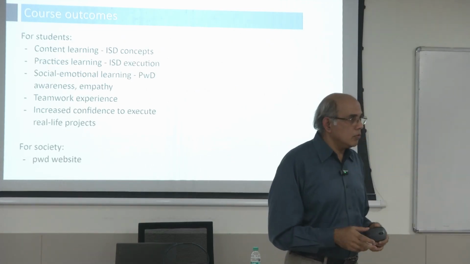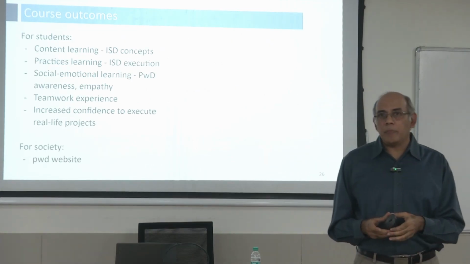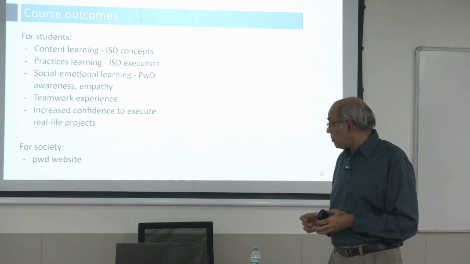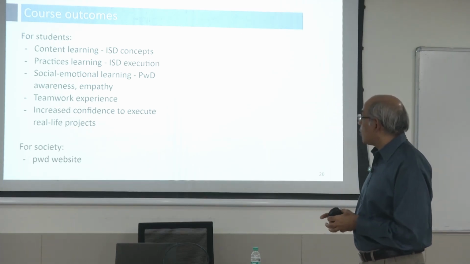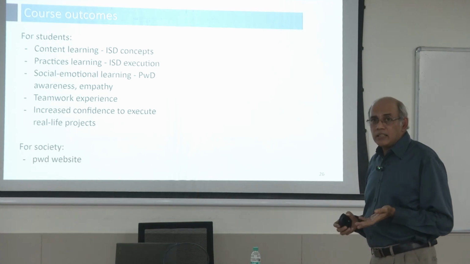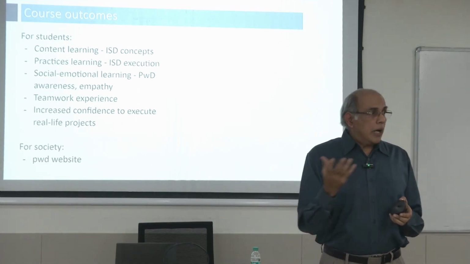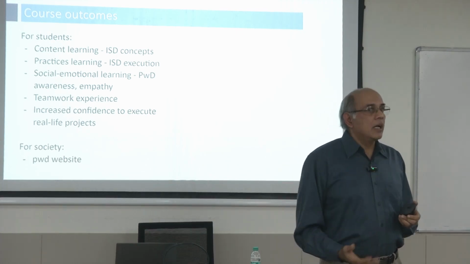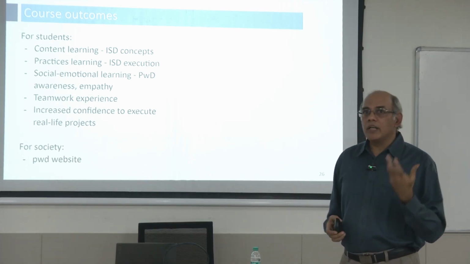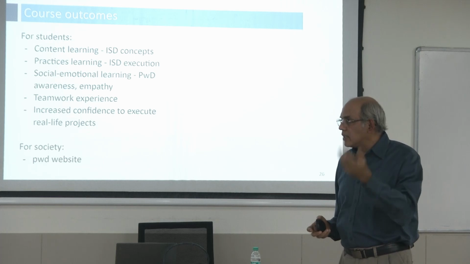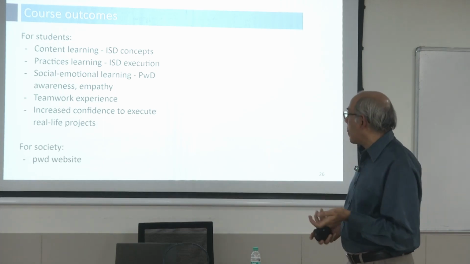Okay, so to just broadly sum up at this point, for students, the course outcomes were content learning and practices learning. This was the important part, because this is an industry topic, so the learning of the practices is as important as learning of the content topics.